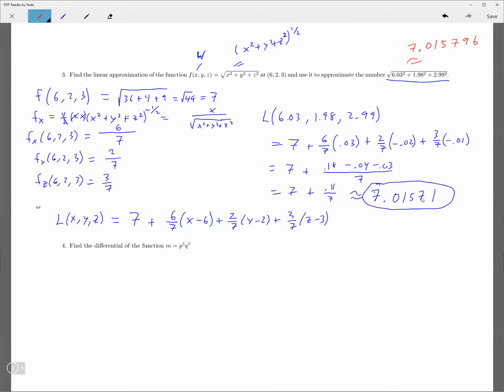Okay, now let me just say something. Part of the reason for doing this sort of thing is that this is the beginning of how the calculator does things. To find a square root, it does a similar algorithm. Because you only have the basic operations: addition, subtraction, multiplication, and division.